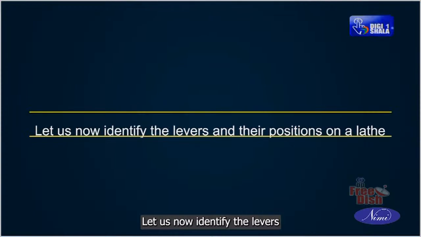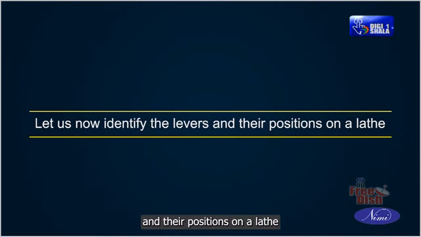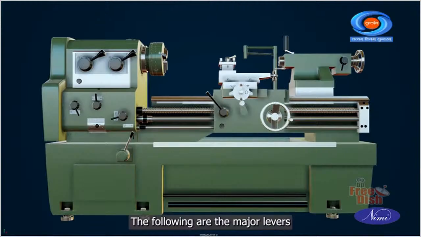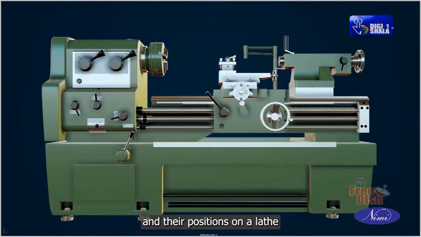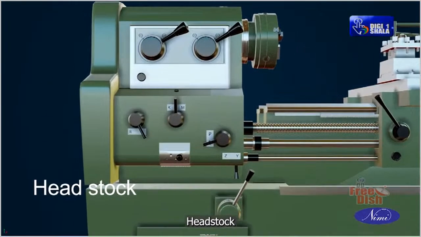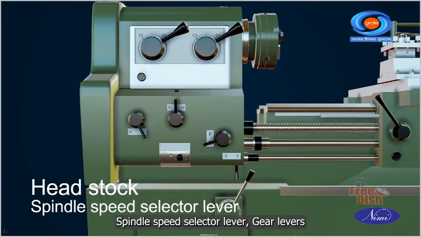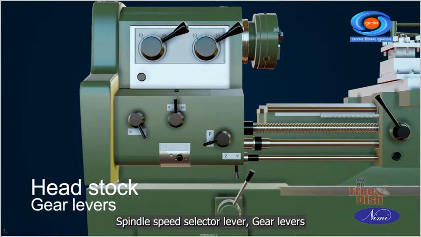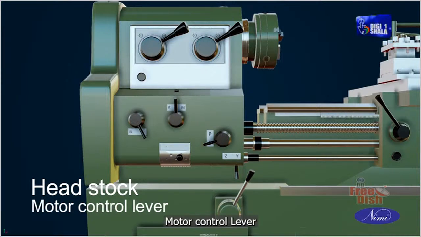Let us now identify the levers and their positions on a lathe. The following are the major levers and their positions on a lathe. Headstock: spindle speed selector lever, gear levers, motor control lever.